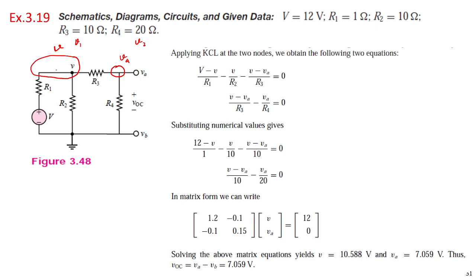So for this current, V minus V here is the current flow here. Capital V minus V divided by R1, where V here is 12 volt, and then minus V divided by R2, and then minus V minus VA divided by R3. We get this equation.